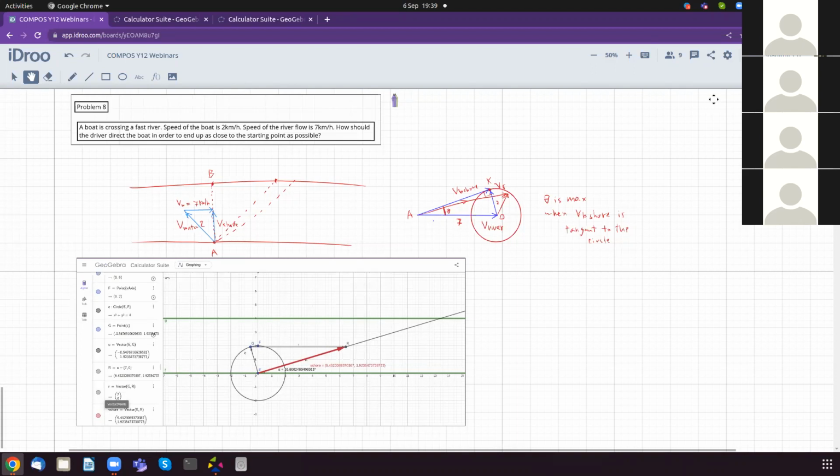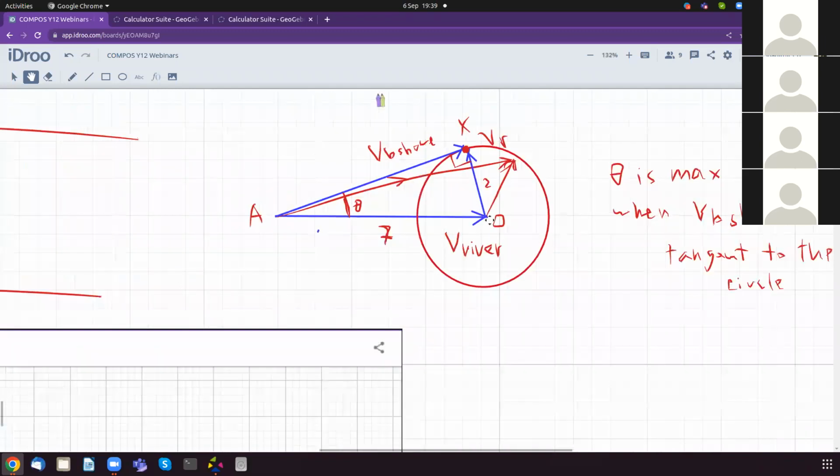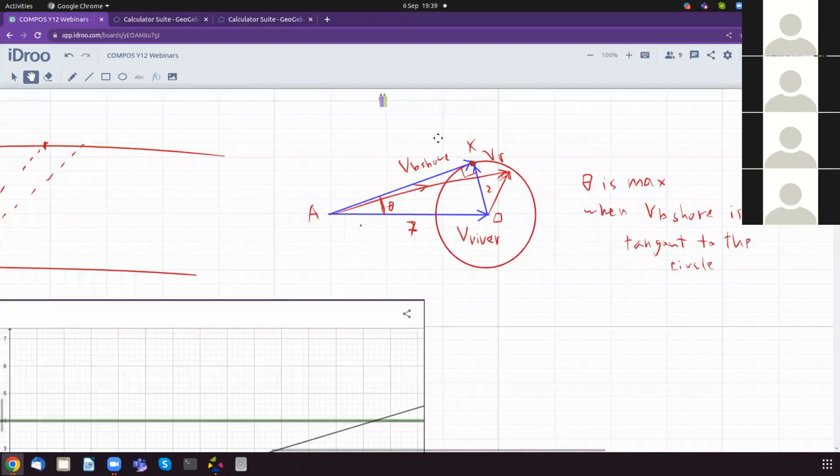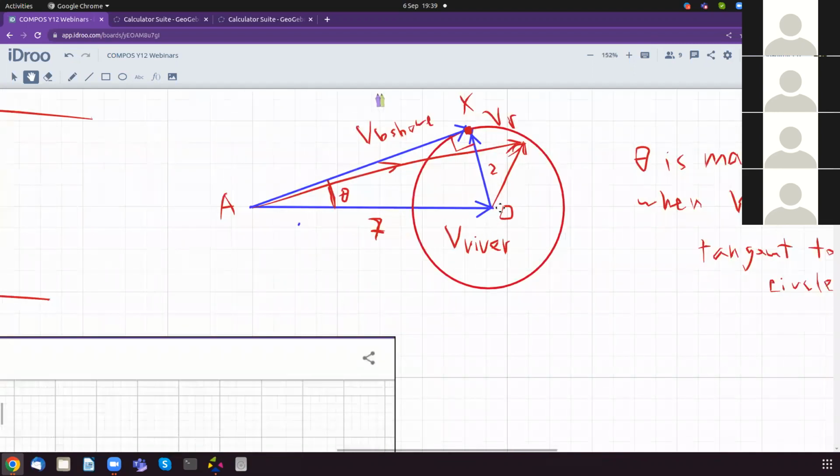So is the origin of the circle the other side of the shore? No, O is the starting point in this scenario, and X is the chosen direction.